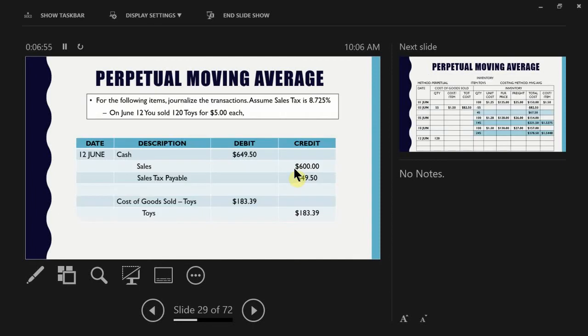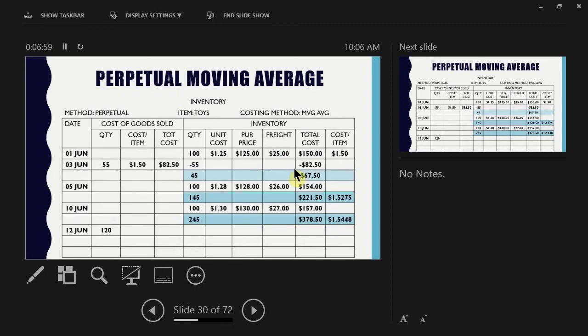Here's the next scenario, where I did sell on June 12th, right? So I pushed everything up. So now I sold a total of 120 items. Well, boom, because I'm dealing with only one number, I don't need to keep track of which batch came first. I'm only dealing with my 245, and I know that each item is going to cost me $1.5448.